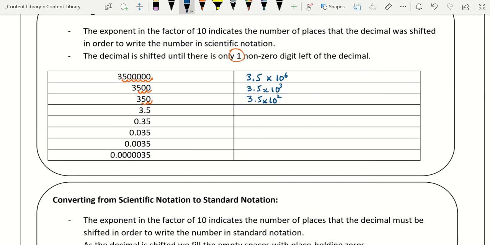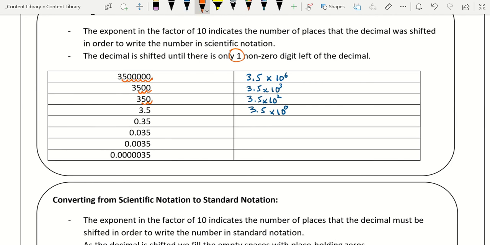Here, well, that number is already where we want it to be, the decimal is already in place. So we go 3.5, and if we wanted to write times 10 to the something, can anybody guess what that would be? Essentially, we want it to be times 1. And so if we want this 10 to be a 1, we can raise it to the 0.